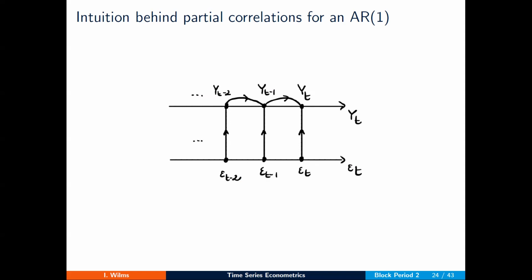That would be the correlation between Y_{t-2} and Y_t, when Y_{t-1}, so the guy in the middle, needs to be kept fixed, so can't move. If Y_{t-1} needs to be kept fixed, then changing Y_{t-2} will not lead to a change in Y_t, since there is no other path from Y_{t-2} to Y_t than the one over Y_{t-1}. So the partial autocorrelation at lag 2 is 0.